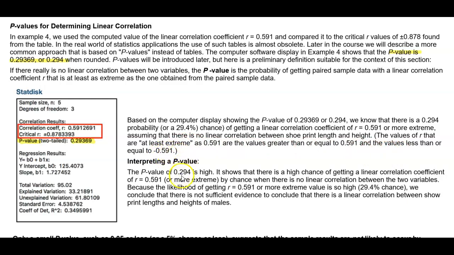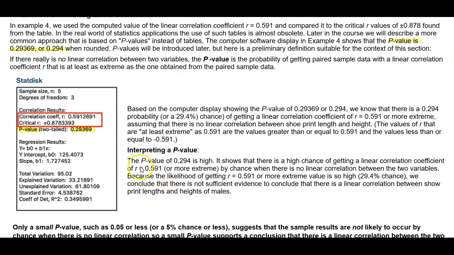Now, how do we interpret a p-value? The p-value of 0.294 is high because as a percent, it's 29.4%. It shows that there is a high chance of getting a linear correlation coefficient of R equal to 0.591 or more extreme, by chance when there is no linear correlation between the two variables.